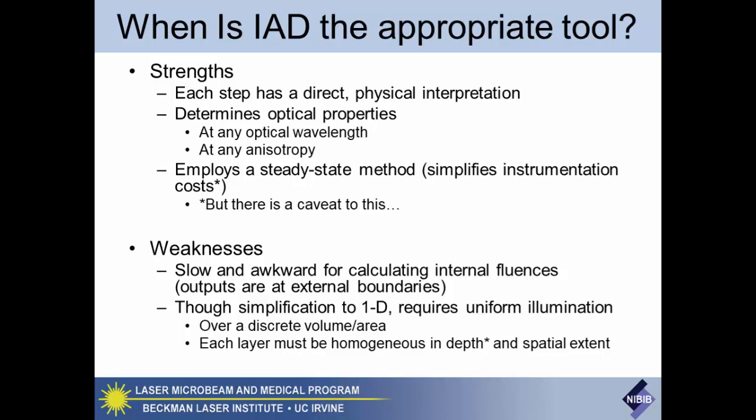That's an internal sanity check for inverse adding-doubling: if I measure it at 700 microns and at 1.2 millimeters and at 3 millimeters, they should all overlap because it's the same material, you're only changing the thickness. So that's an internal quality check.